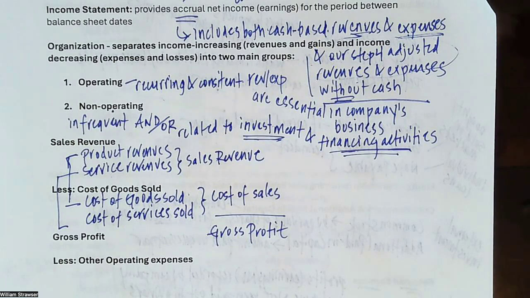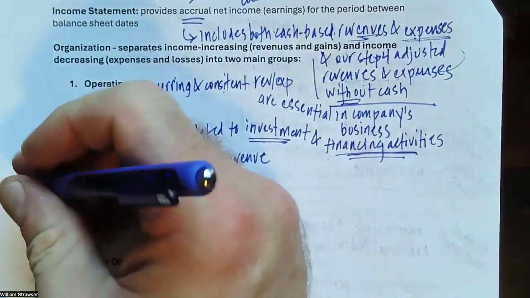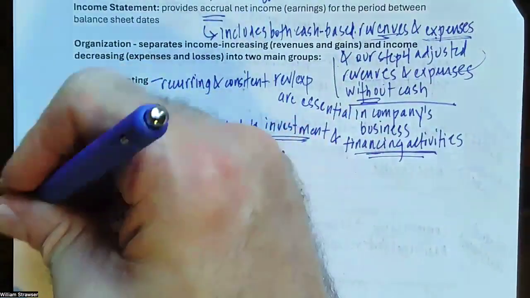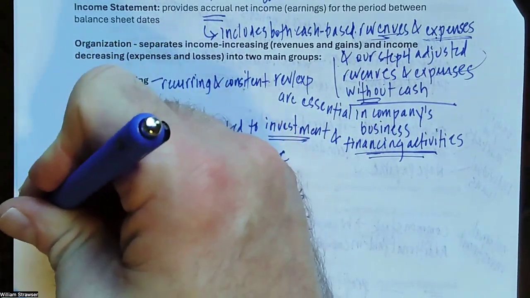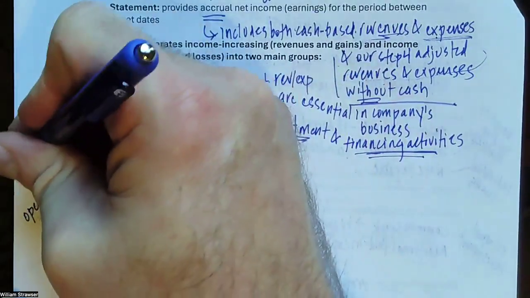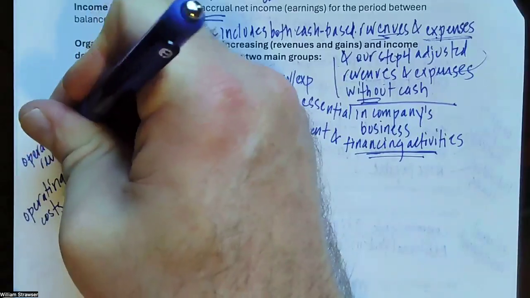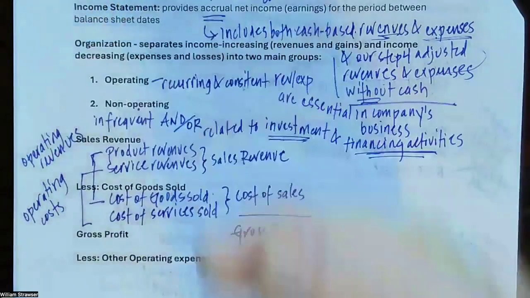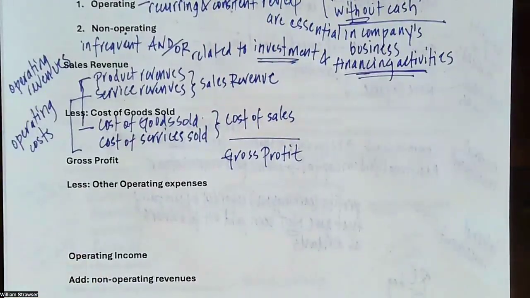We then run into other operating expenses, and I use the term other because cost of goods sold and cost of sales, these are operating as well. And these are operating revenues, right? Anything that comes from the day-to-day running of the business. And certainly if we provide goods and services, those costs will be operating.